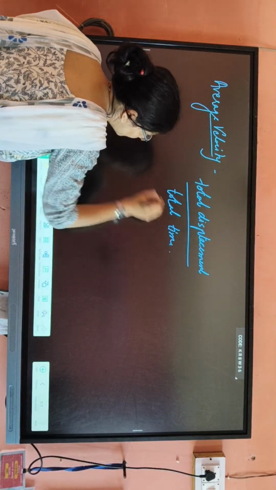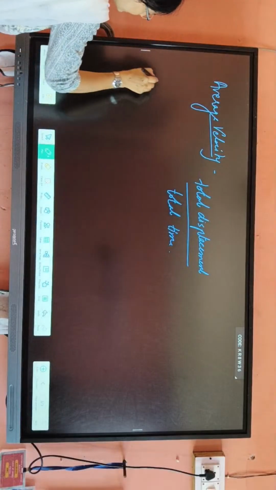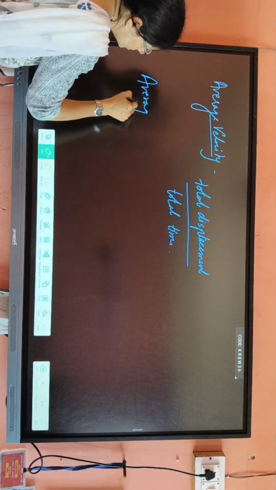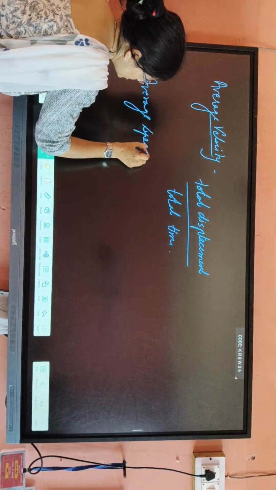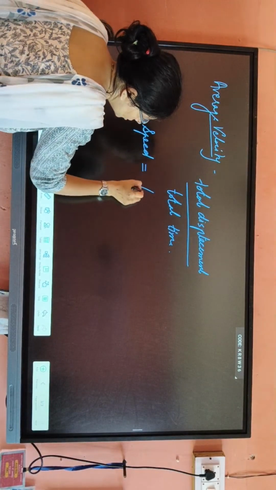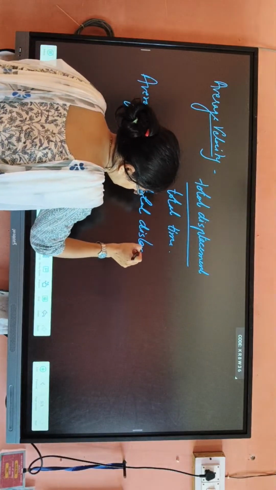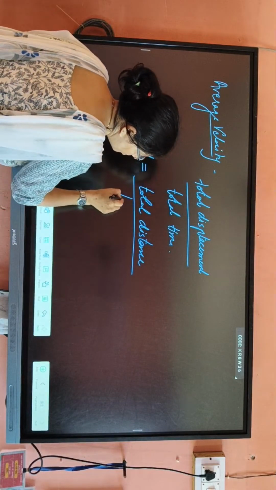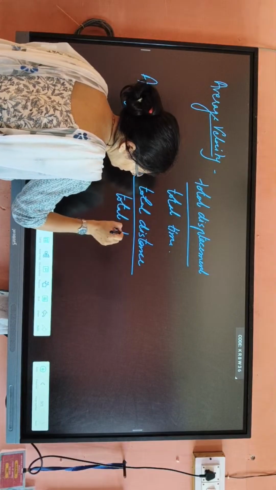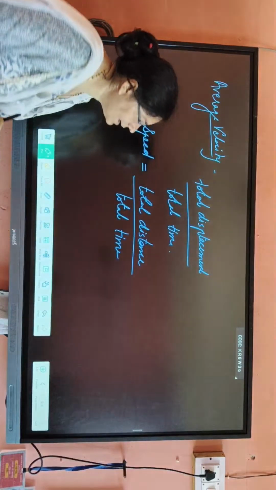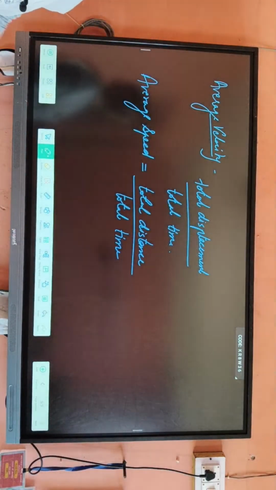Then we can call it average velocity. And average speed we can write there: average speed will be equal to your total distance by total time.